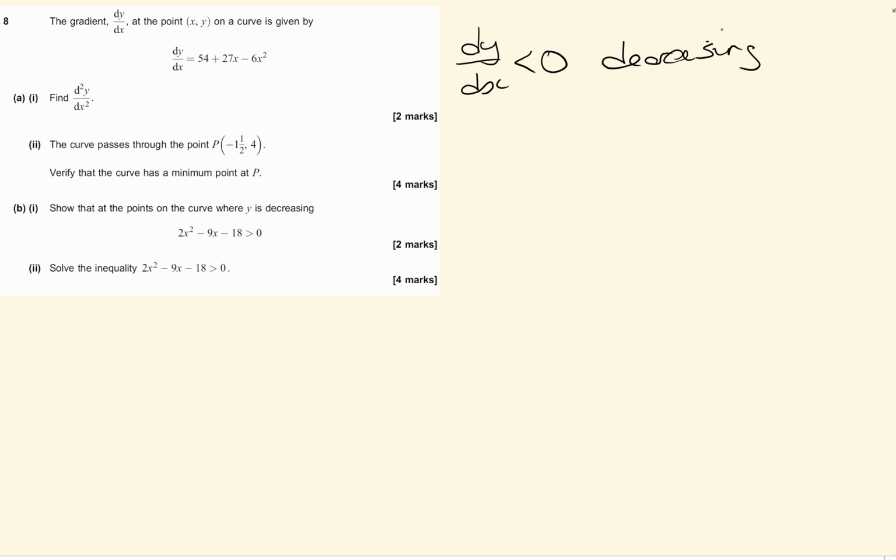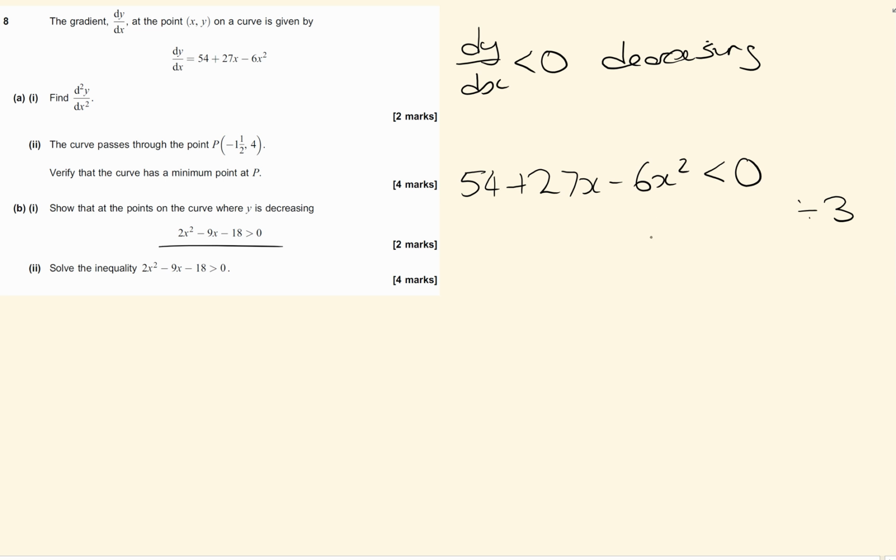So therefore what we're going to do is put 54 plus 27x minus 6x squared less than 0. And we're trying to get it into this form. There are different ways you can do this, but overall we know we're going to have to divide by 3 to get the 2x.